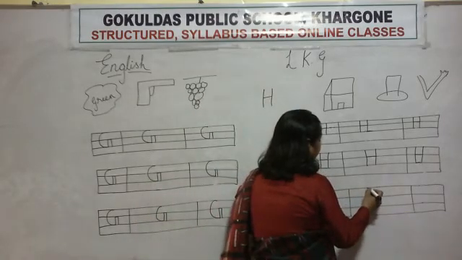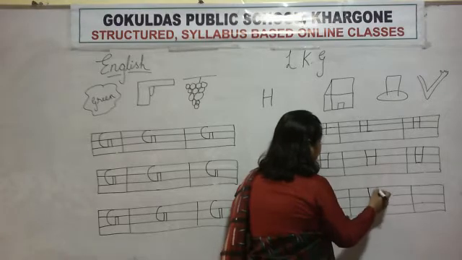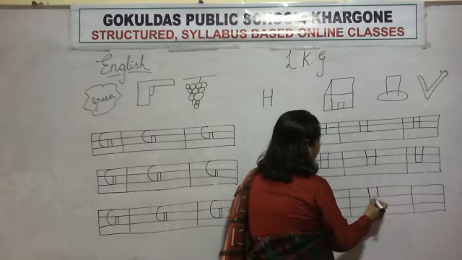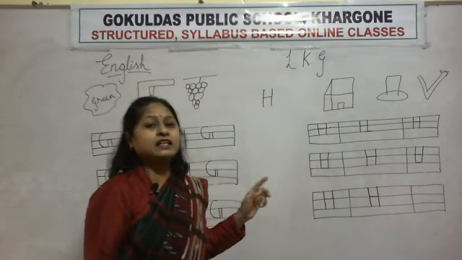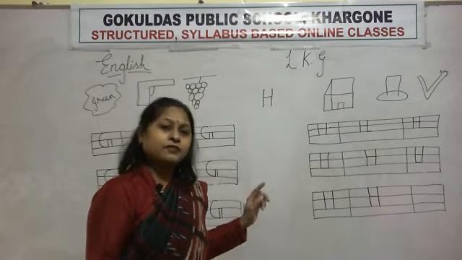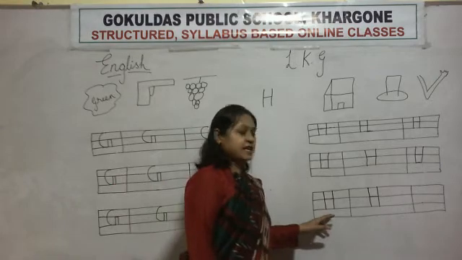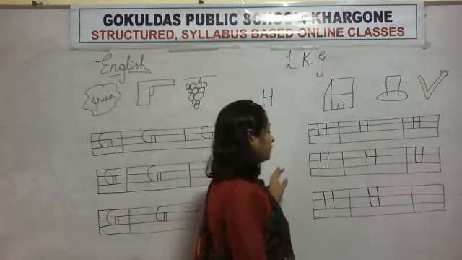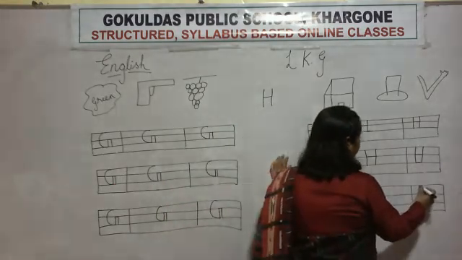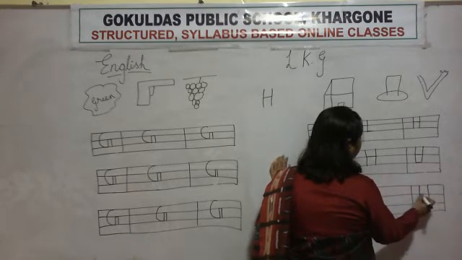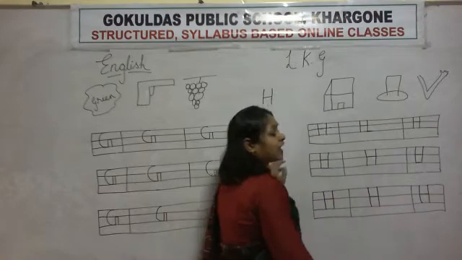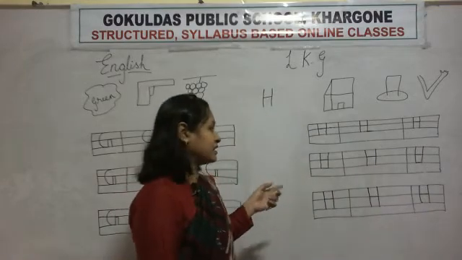Again we will write H. Standing line, standing line, and sleeping line. H. Which letter is this? H. Repeat after me. Which letter is this? H. Okay. Again, standing line, sleeping line. H. Which letter is this?